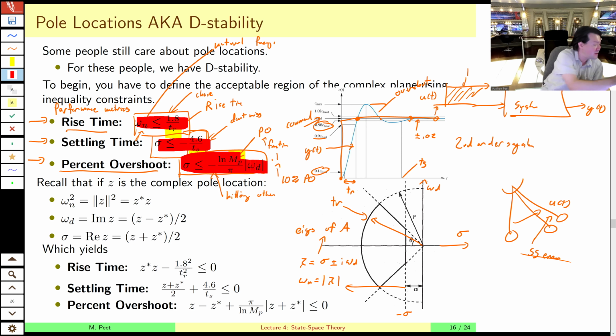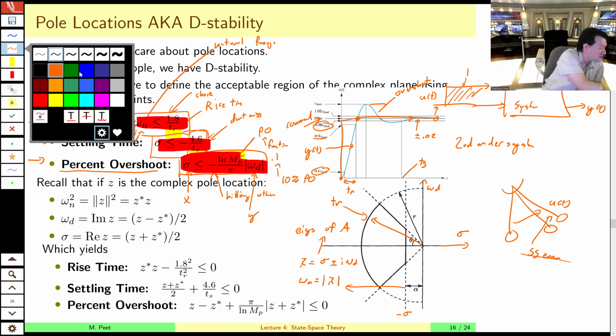We want the real part of the eigenvalue to be less than the negative of a constant times the magnitude of the imaginary part. So essentially, if this is the y-axis and then the x-axis, this is a line constraint on the real component of the eigenvalue. So let's see, change my color here.